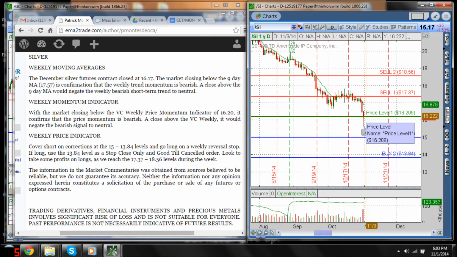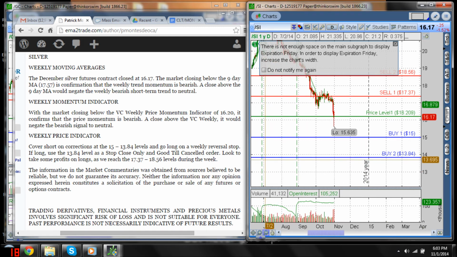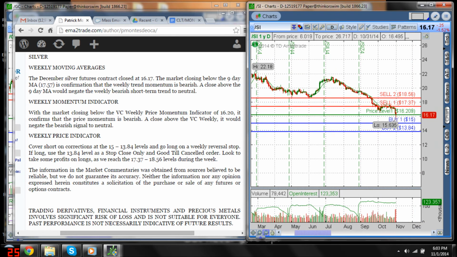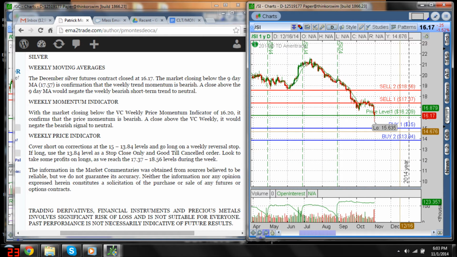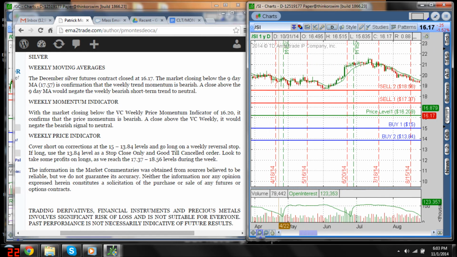But let's look at the downside first and see what it's telling us. Here it's telling us that if you are short, you want to cover your short positions at the 15 level to 1384 if, for some reason, the market breaks next week.